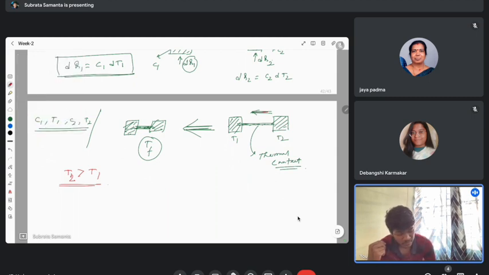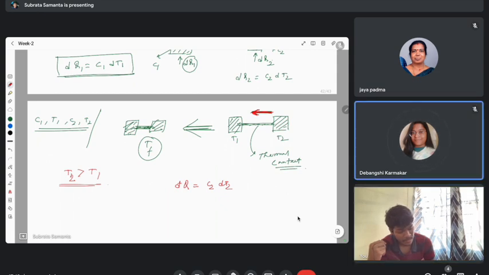Then heat must flow from T2 to T1 because T2 is higher, so heat must flow in this direction. So heat is extracted from system 2. What amount of heat is extracted from this system? C2 dT2, right? And what amount of heat is put into this system? The same amount of heat.